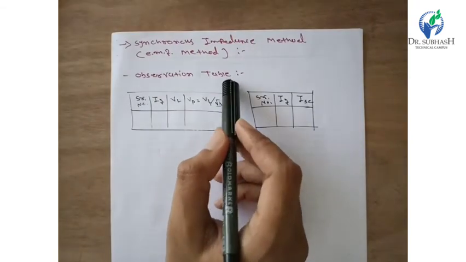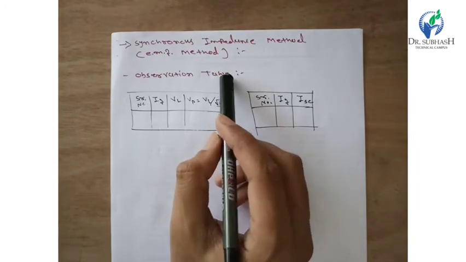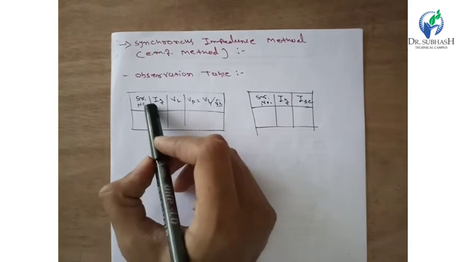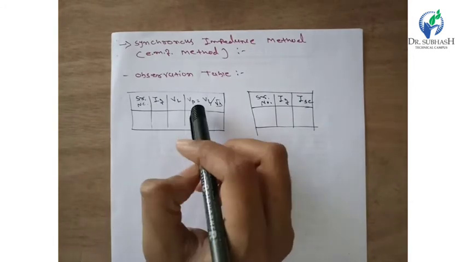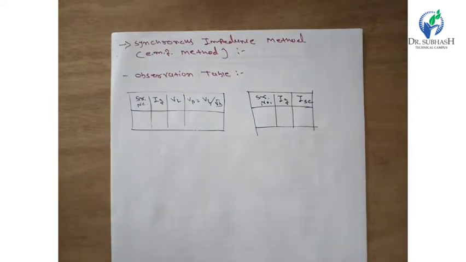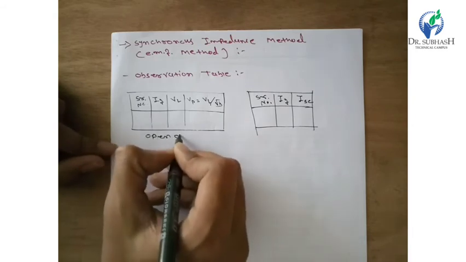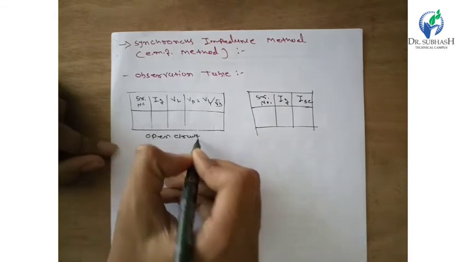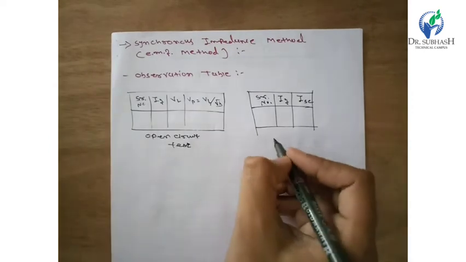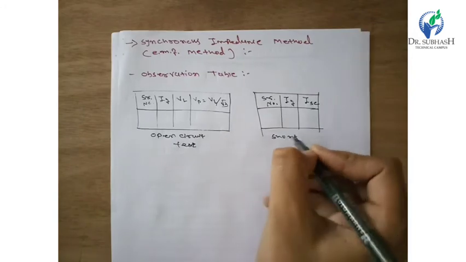By using the open circuit and short circuit tests, first of all we should measure the value of current, voltage and total power. Here is the table of the open circuit test, and this table is the short circuit test.